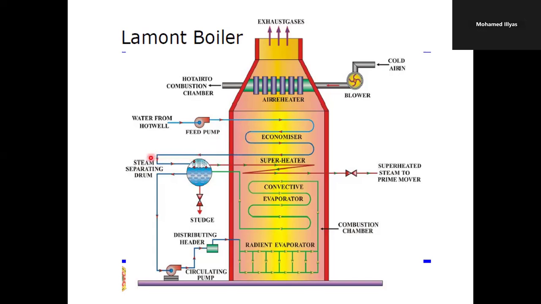The preheated water enters into the steam separating drum. The steam produced in the previous cycle will be stored here, and in the steam separating drum, we'll have the provision to separate steam and water.